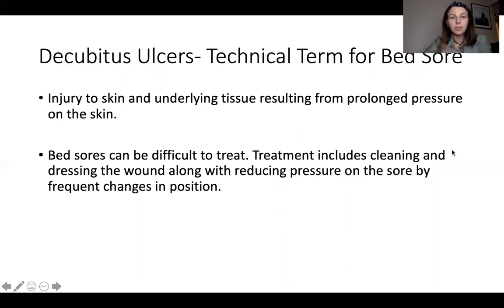So yeah, decubitus ulcer is the technical term for a bed sore. There's prolonged pressure on the skin. When you have prolonged pressure, basically it pinches off or prevents the capillaries from providing nutrients to the skin, right?